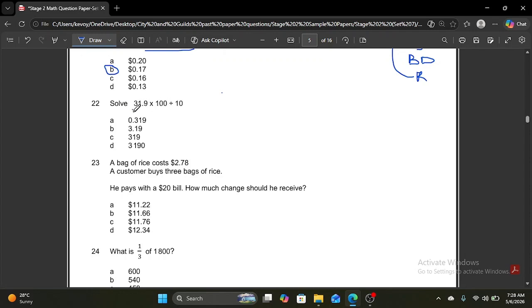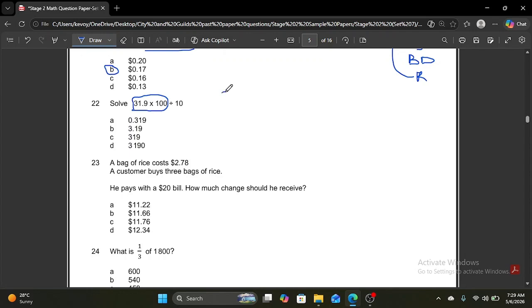Let's work this out first, because based on the order of operations, we work whatever is on the right hand side first when the signs are on the same level, and multiplication and division are on the same level of the order of operations. Because the multiplication sign comes first over the right hand side, we're going to multiply first.